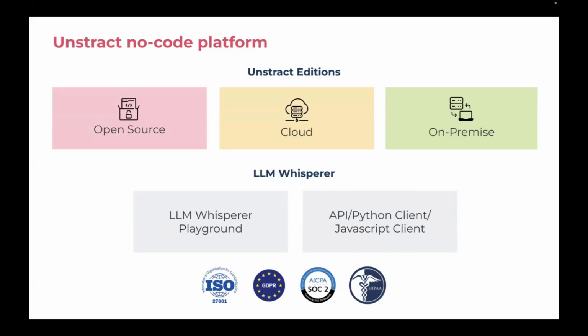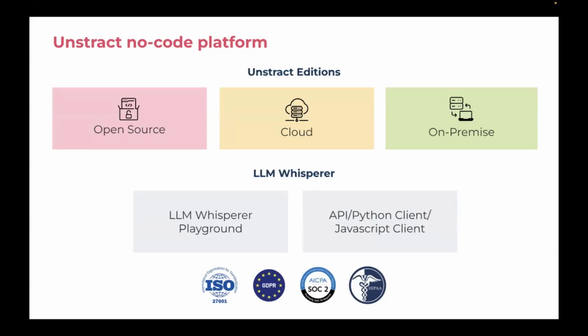And if you're looking to go for the paid version of LLMWhisperer, you could deploy it as an API, a Python client, a JavaScript client, or again, as I mentioned earlier, as an N8N node or an MCP server. And both these platforms are compliant with all the major regulations like ISO, GDPR, and HIPAA. And with that, folks, I've quickly covered what Unstract is all about.